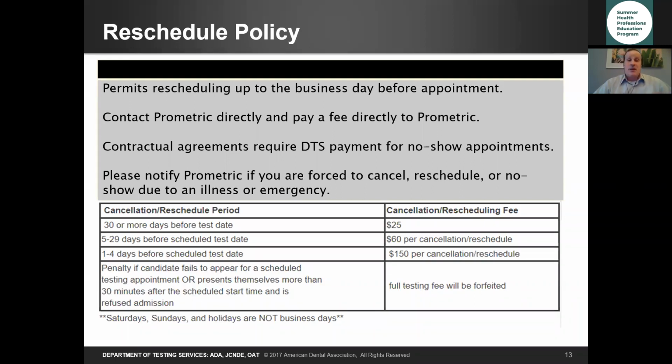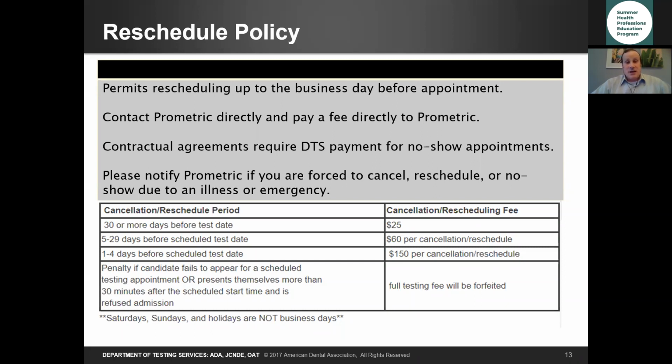That said, if there is an emergency or something like that, there's a lot of leeway in this way. If you wake up the day of your appointment and you have COVID symptoms, for example, we obviously would not expect you to go to the test. In fact, we would very much ask you not to show up at the test center.